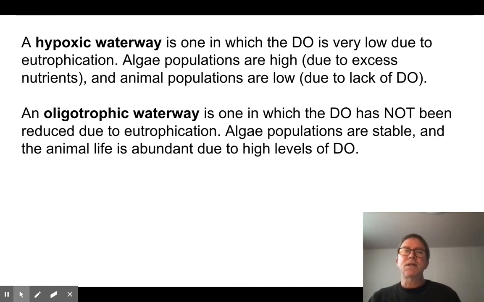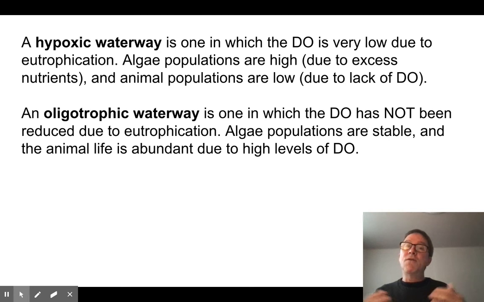So basically, when you have a hypoxic waterway, there's usually a lot of algae in the water, and there's just too many nutrients, and so the animal population is going to be really low because as these algae die, there's this biologic oxygen demand as a result of that.